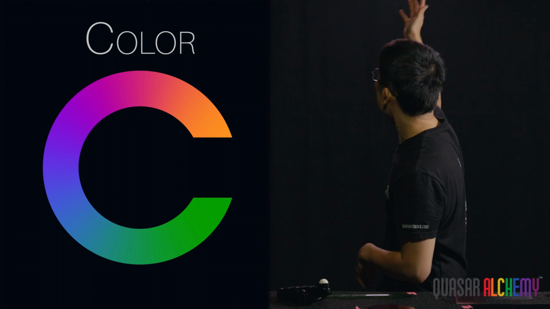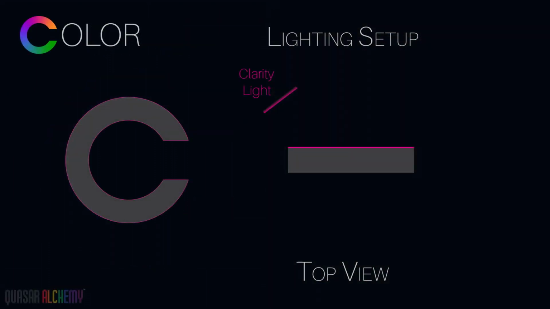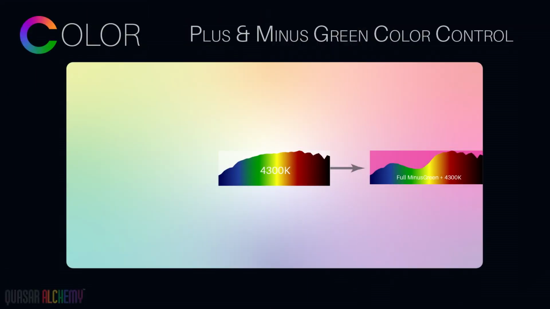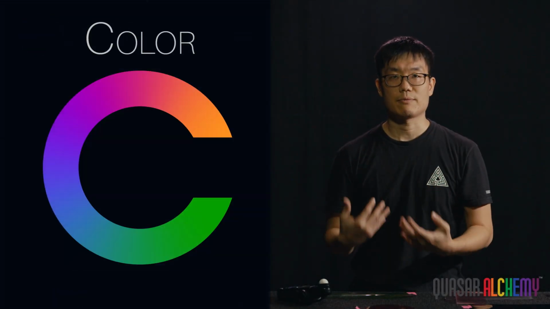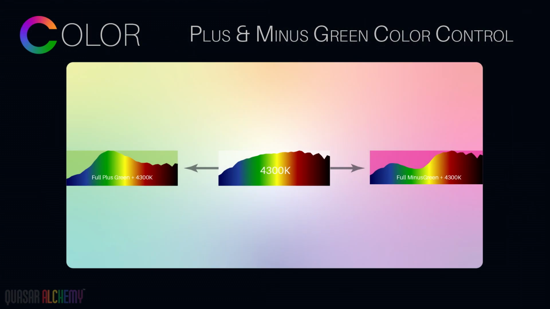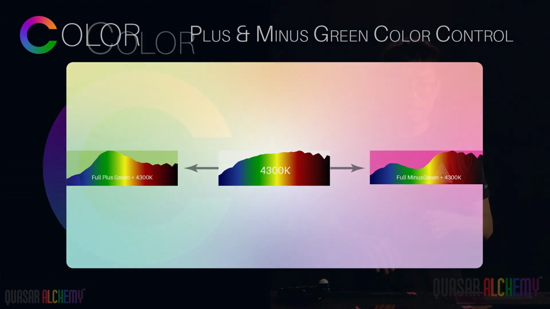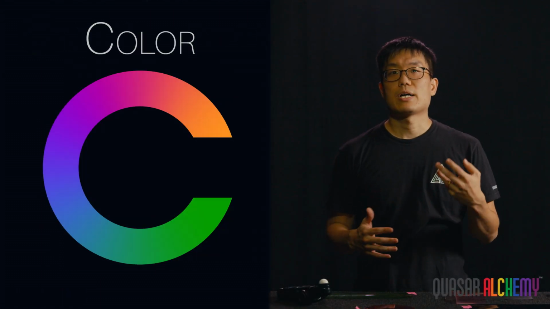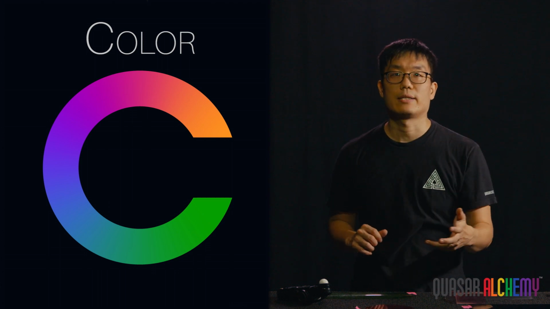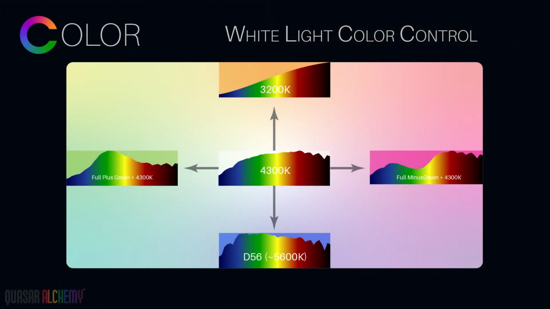And then in the clarity light, I have a minus green gel, which is taking away green information. As a result, there's a certain feeling that we're getting from that contrast of color, right? So these are different ways that we can modulate just even white light and its certain color variations.